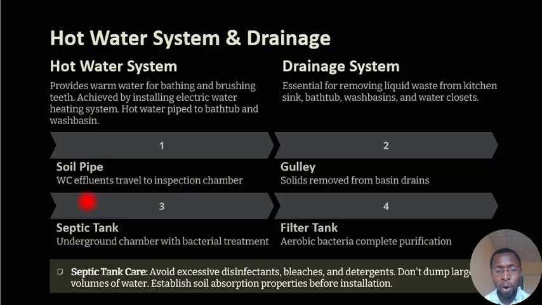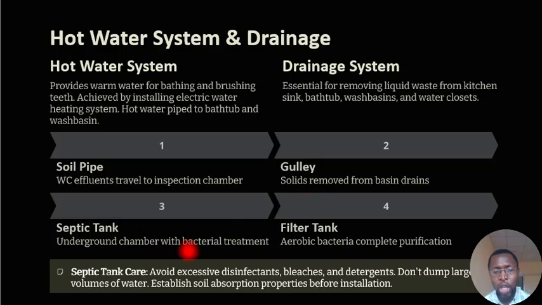Okay, then we also have the soil pipe. The soil pipe is connected to the water closet to carry our feces down into the soakaway. Then of course we have the gully. The gully is for solids removed from busy drains. We have the septic tank.